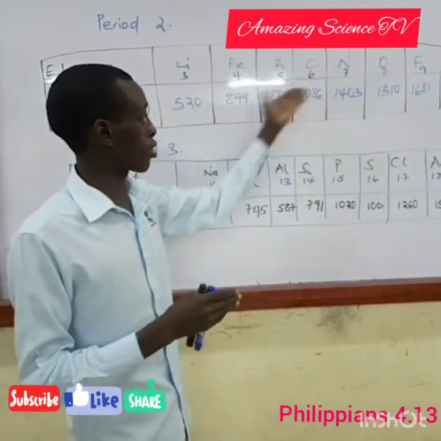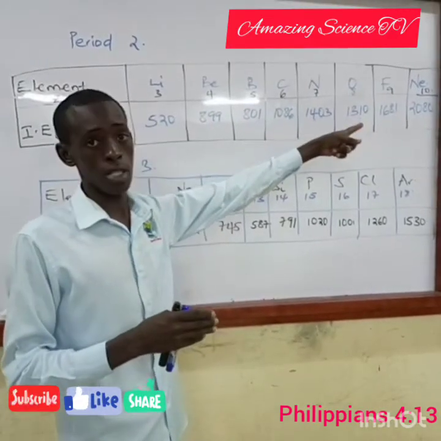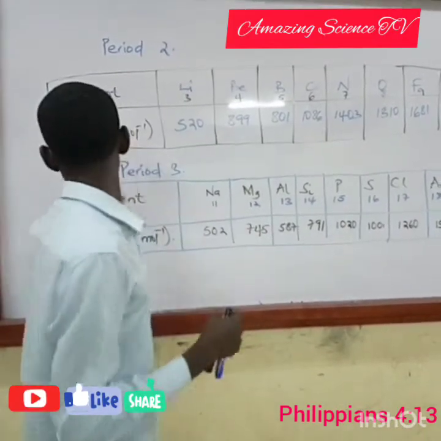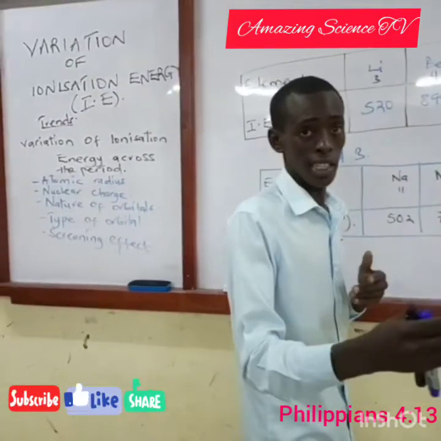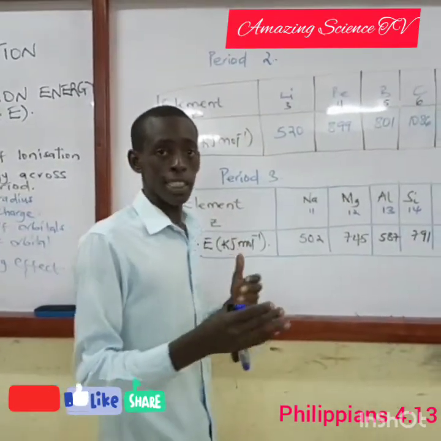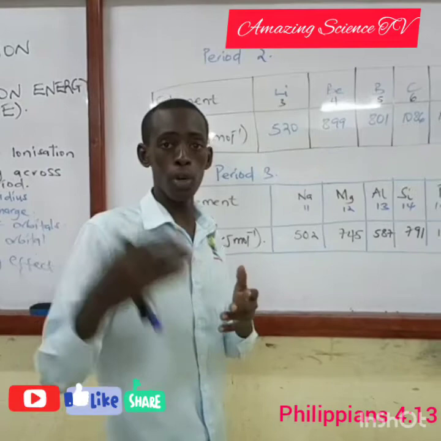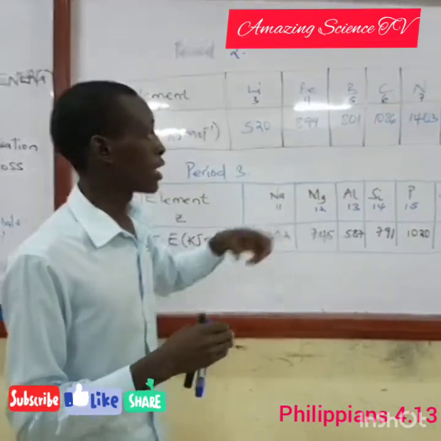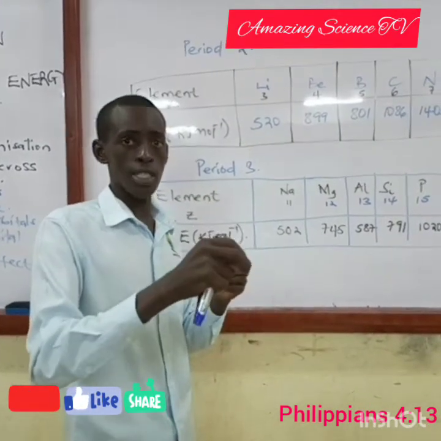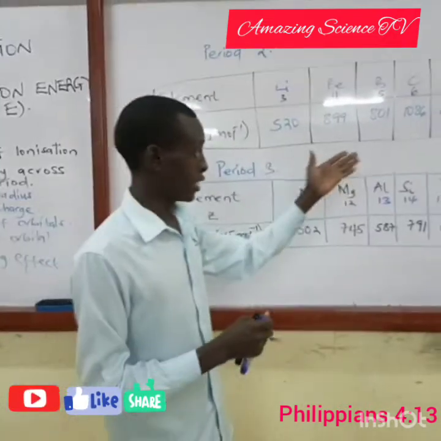Because one electron is being added across the period, and they are being added to the same shell, but the nuclear charge goes on increasing. So the increase in nuclear charge outweighs the screening effect, and the electrons in the outermost shell are pulled more to the nucleus. Since they are pulled more to the nucleus, the energy needed to remove the outermost electrons will be high. That's why we see the trend of ionization energy following this way.